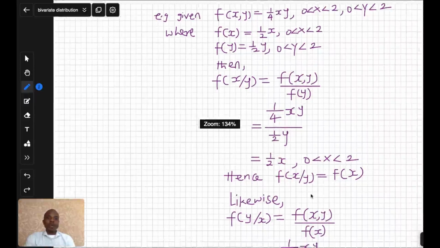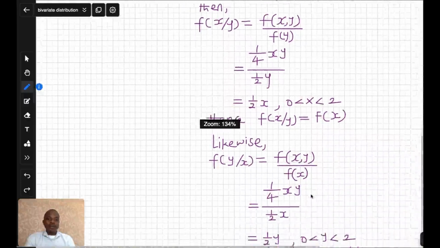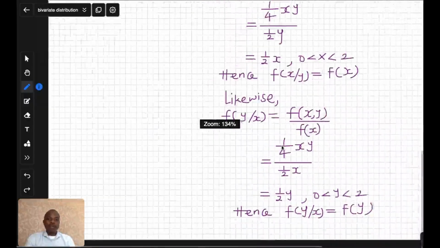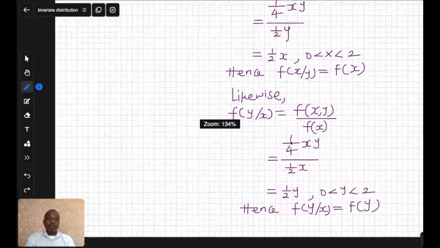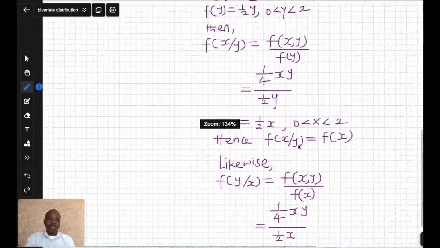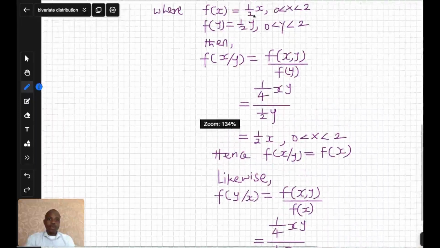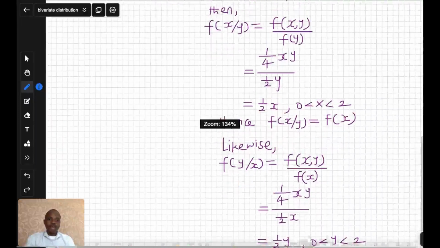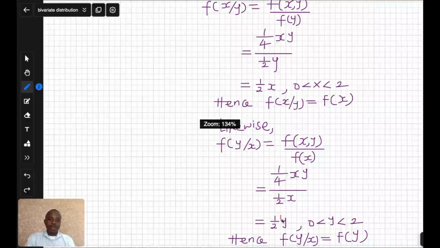For the second one, we have f of x comma y divided by f of x. So we are looking for the conditional distribution of y given x. When we substitute, don't forget f of x is 1 over 2 multiplied by x, and then we get 1 over 2 multiplied by y.